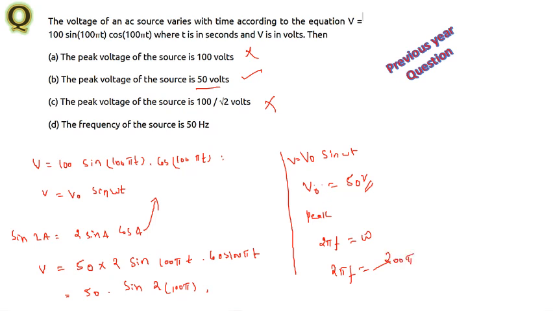From here frequency f is equal to 200 pi divided by 2 pi. So pi will be cancelled here, and what you are having is 100. F equal to 100. If 100 is there, the answer is right. But we are having 48. So that is the answer in this case.